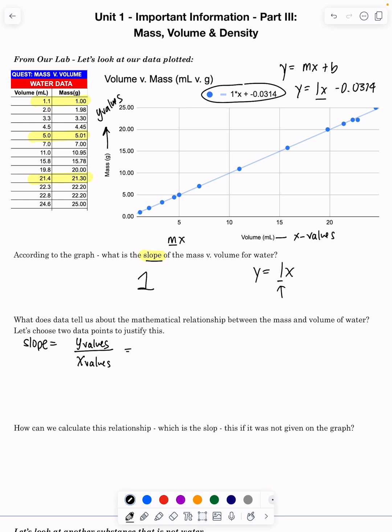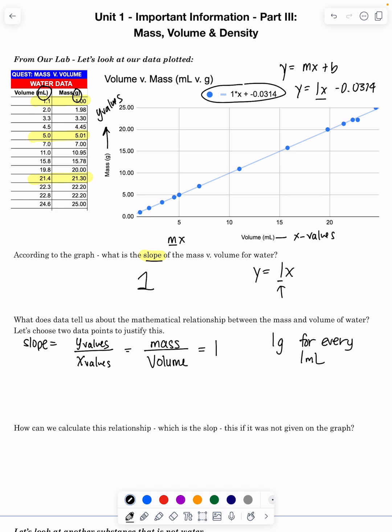We've got mass values over volume values, and that equals 1. So this means, and remember, mass is in grams, volume is in milliliters, that means 1 gram for every 1 milliliter. So if I had 10 milliliters, I should have 10 grams. If I had 100 milliliters, I should have 100 grams.